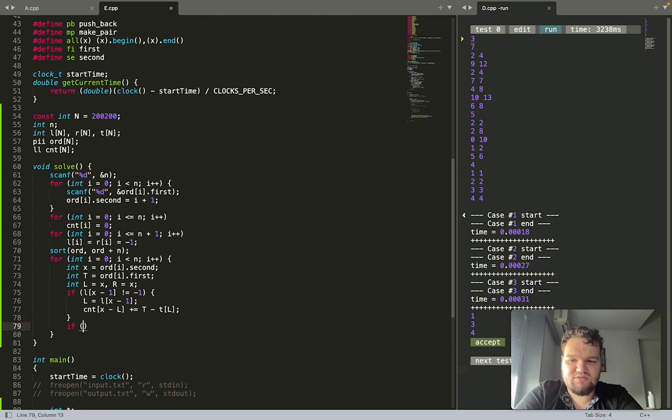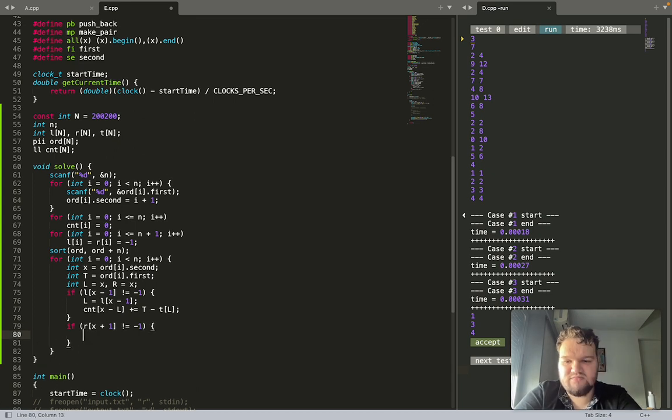And now the same thing for the cell to the right, but now with the right borders.